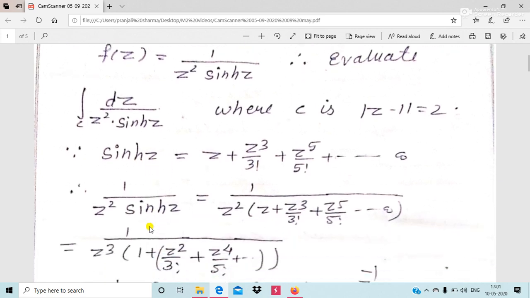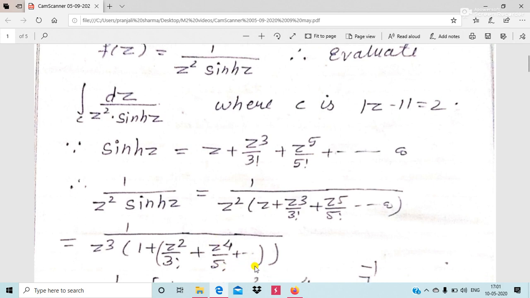Now the function f(z), which is equal to 1 upon z square into sinh z, can be written as 1 upon z square into the series of sinh z, which is z plus z cube by factorial 3 plus z to the power 5 by factorial 5 and so on up to infinity, and we can take z as common. So it will be 1 upon z cube into 1 plus z square by factorial 3 plus z to the power 4 by factorial 5 and so on up to infinity.